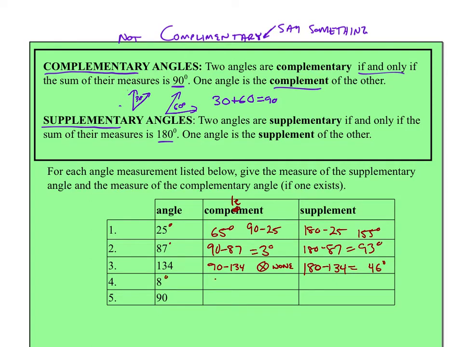And you start to see the idea of what's a complement and what's not. So for 90, 90 minus 90 means my complement would be 0, and my supplement would be 90.